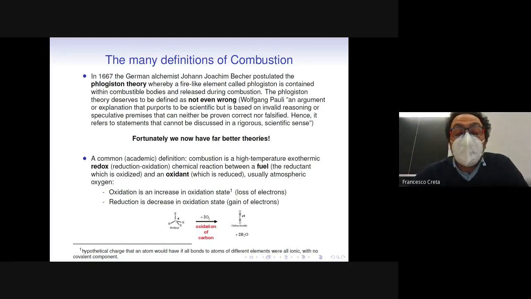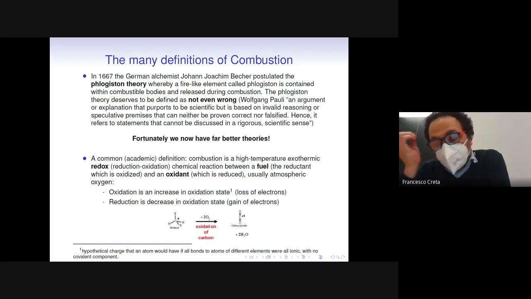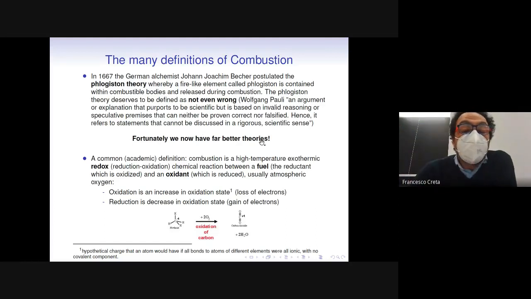In the sense that, citing Pauli, it's an argument or explanation that purports to be scientific, but in fact is based on completely invalid reasoning or premises that are completely speculative, and you cannot prove them right or wrong. So you cannot discuss them in any scientific sense. You cannot build a theory. So we have much better theories, and I hope by the end of the course, you'll have a clearer picture of what combustion really is.